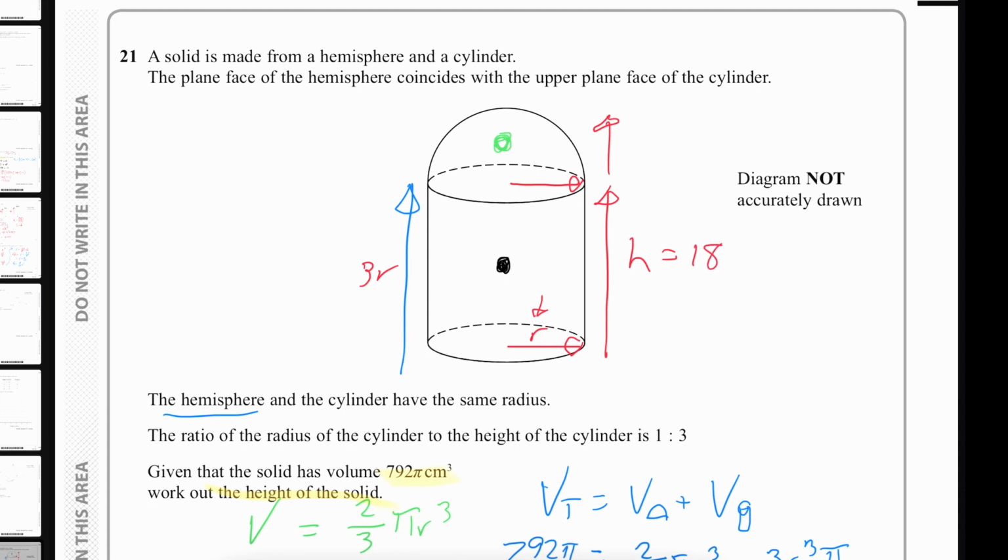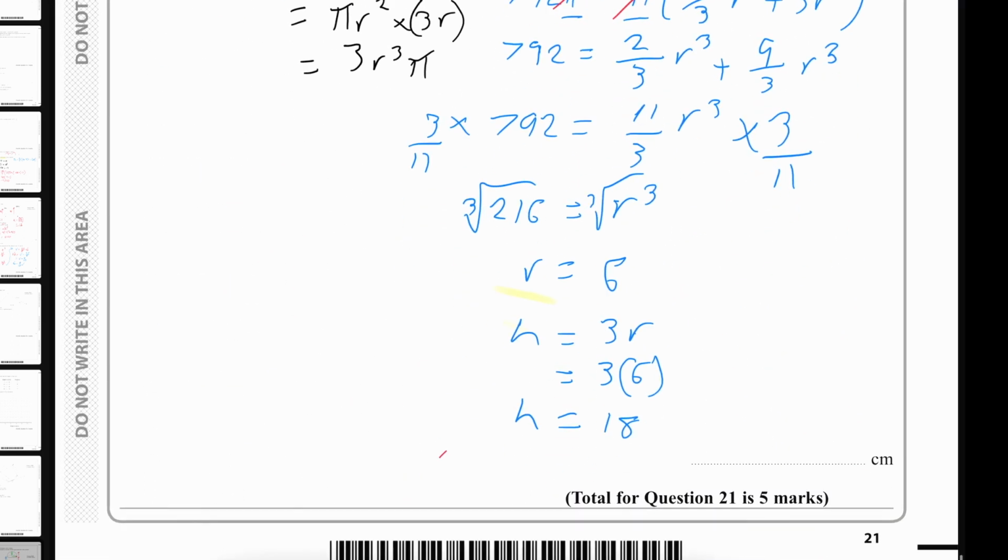And then this height over here is just the same as this piece here, which is my radius. So to get my total height is equal to the 18 that I worked out plus my radius of my sphere, which gives me a total of 24. And now I'm done.